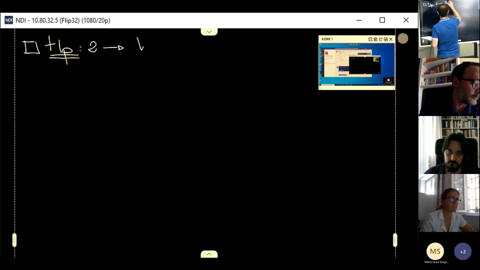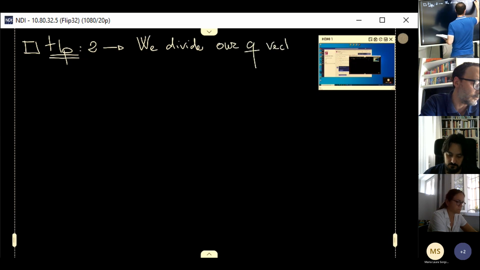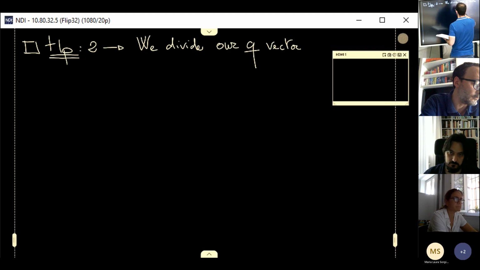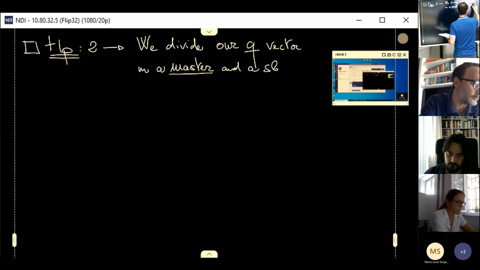So we divide our Q vector in a master and a slave part.